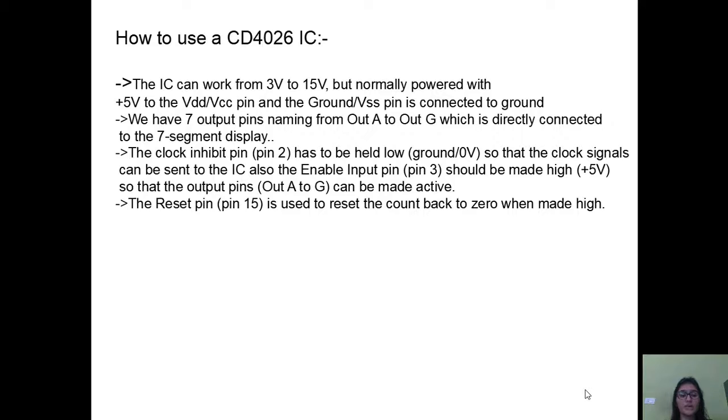The clock inhibit pin, which is pin number 2 in IC 4026, has to be held low so the clock signals can be sent to the IC. Also the display enable pin, pin number 3 in the CD4026, should be made high, plus 5 volt, so the output pins out A to G can be made active. The reset pin, pin number 15, resets the count back to 0 when made high.